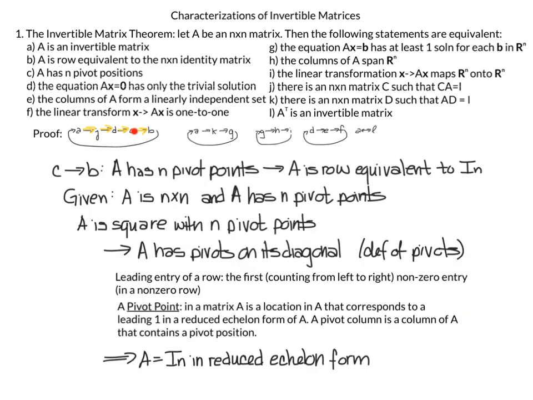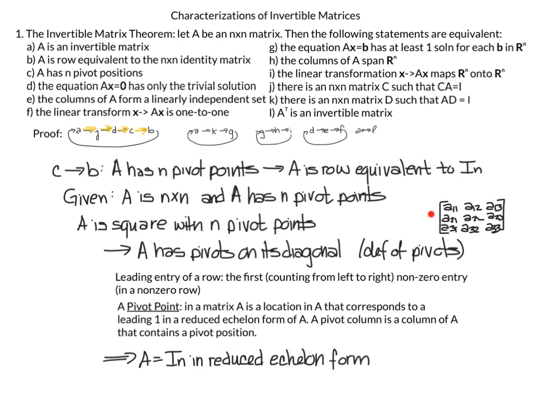Next, we're going to prove that C implies B. That is, A has n pivot positions implies A is row equivalent to the n by n identity matrix. So given A is square, n by n, and A has n pivot points, that must mean the pivot points have to be on the diagonal.